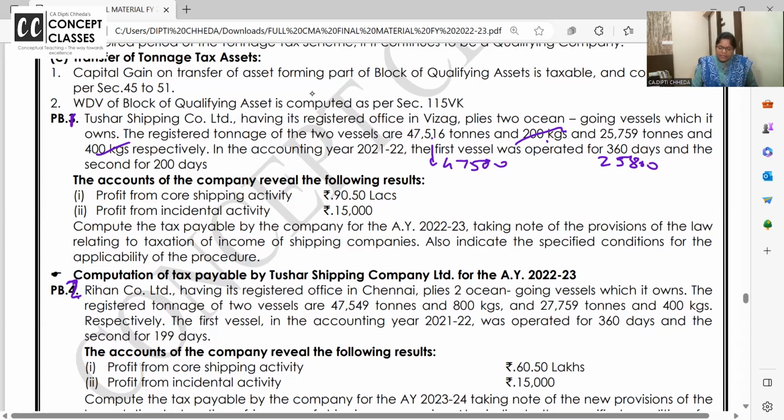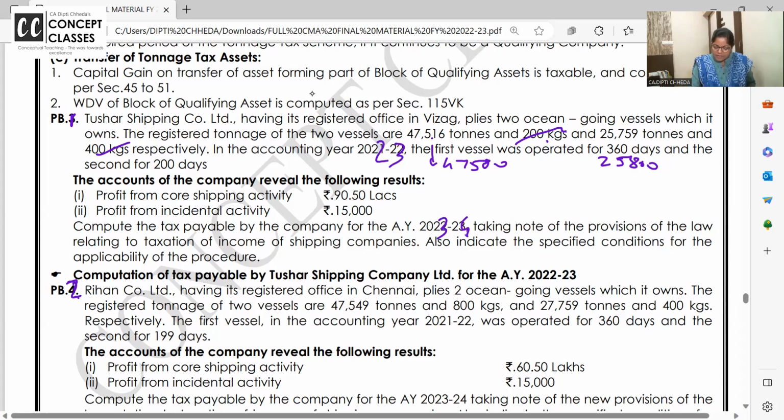Okay, right. So now in the accounting year 22-23. Okay, so we are doing it for 22-23.